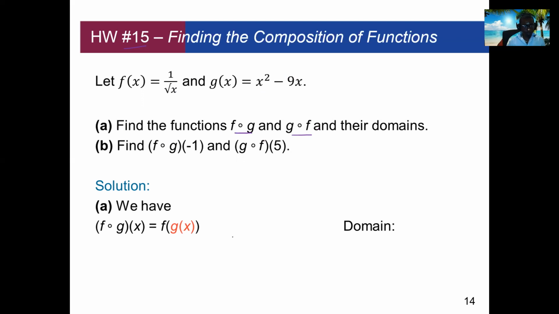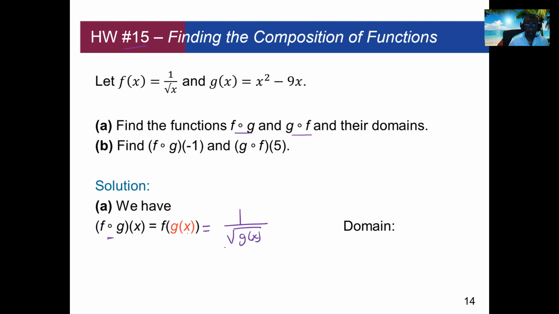Now we know that first we have f composed with g, which is f inside. Wherever we see f, we plug in what? The g of x. Okay, so this is basically 1 over, because my f of x is 1 over the square root of x, this will be the square root of what?